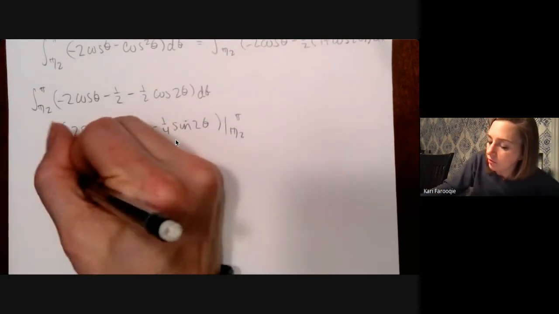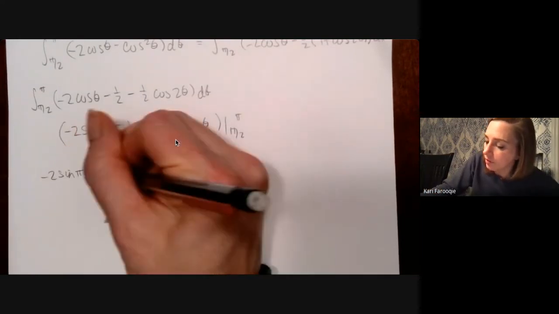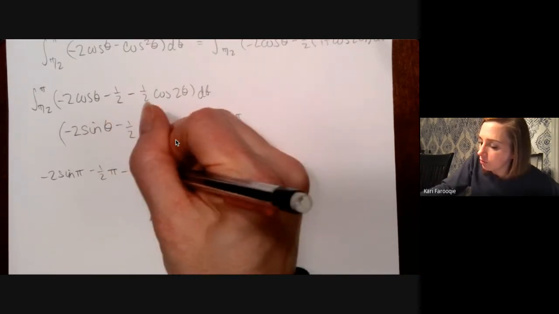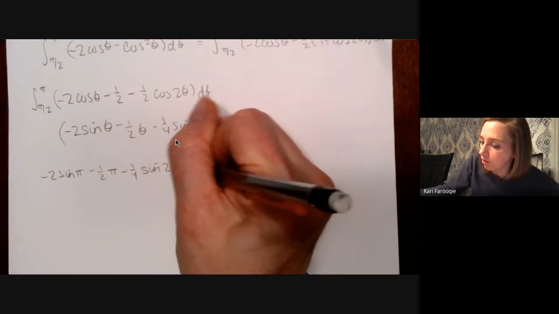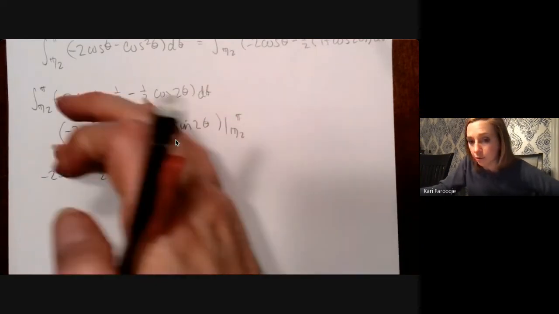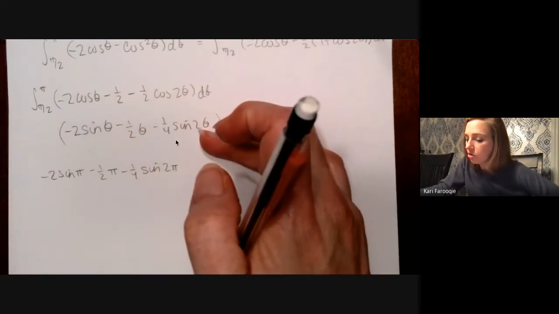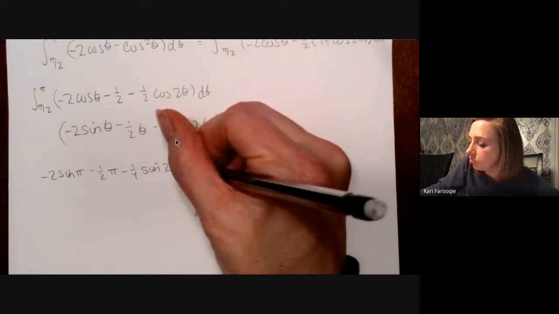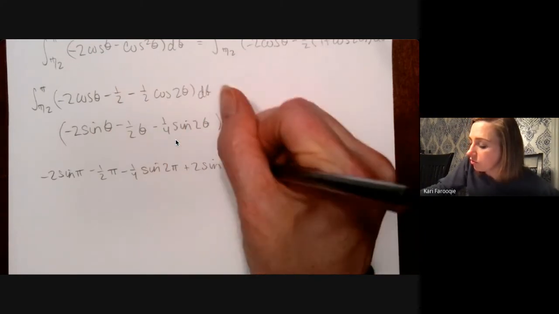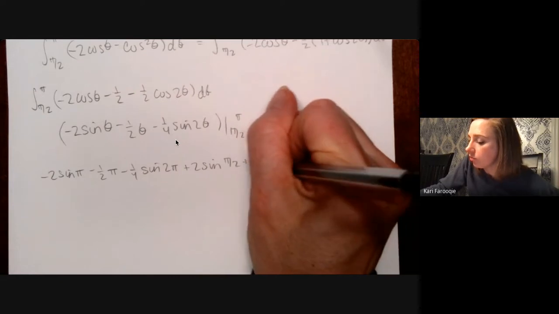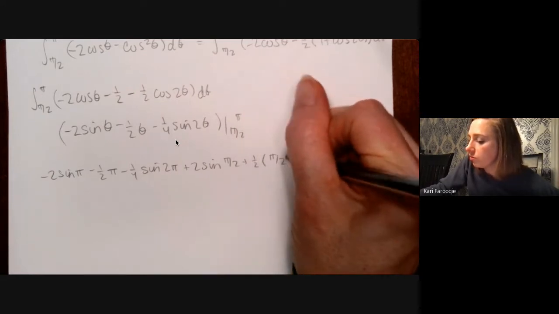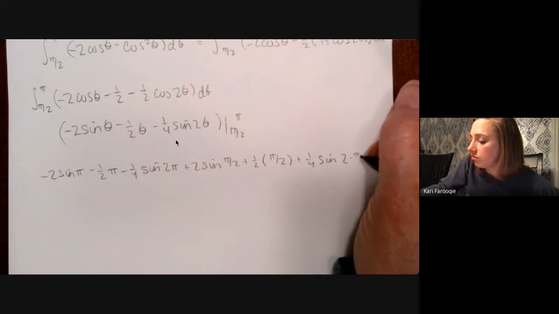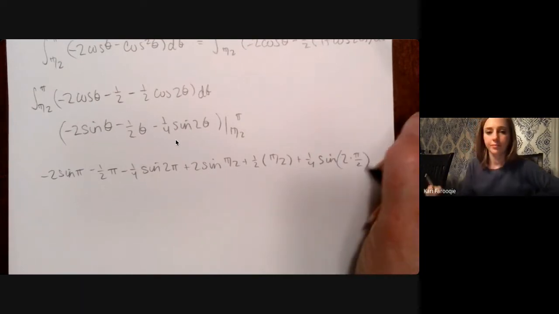And you'll have negative 2 sine pi minus 1/2 pi minus 1/4 sine 2 pi. And then now when you subtract off the lower limit of integration, you can just switch all these to pluses. So you'll have plus 2 sine pi over 2 plus 1/2 times pi over 2 plus 1/4 times the sine of twice pi over 2.